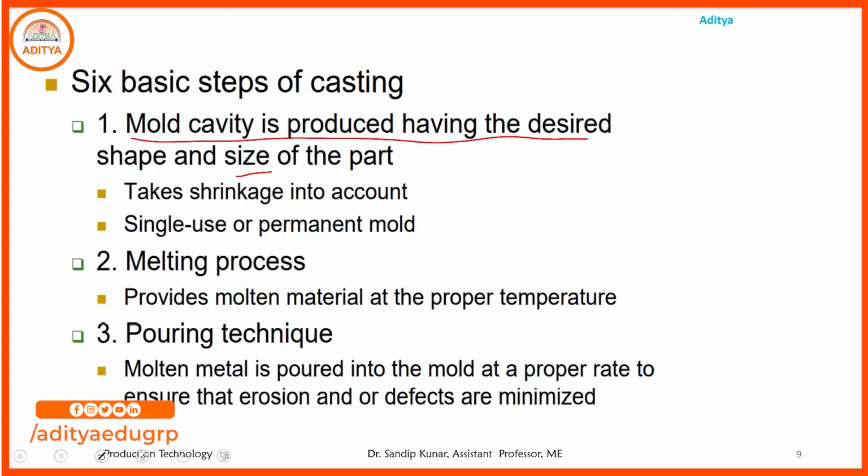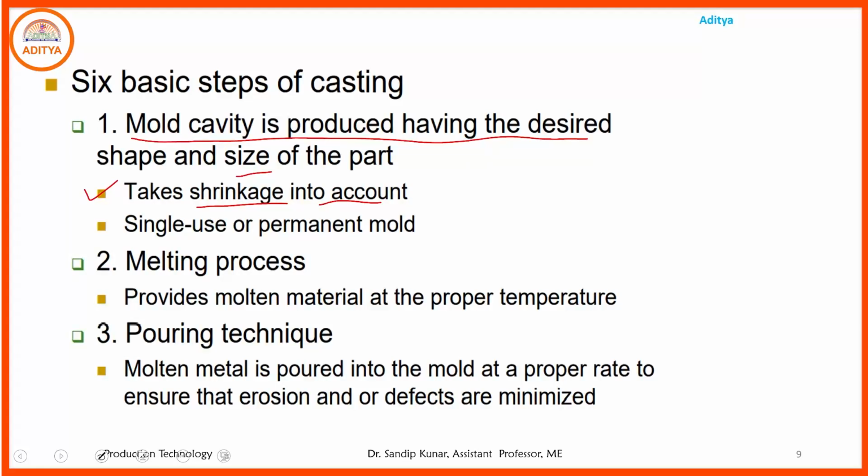In that case, we take shrinkage into account. After solidification, the molten material will shrink, so we consider the shape and size of the part with the shrinkage in mind.